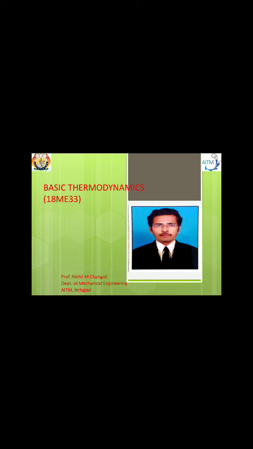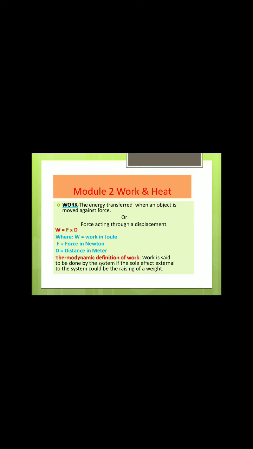Today we have to discuss module number 2, that is work and heat. The first module studied the fundamental concepts: what is system, surroundings, intensive property, extensive property, how we have to measure the temperature, all things we have studied.